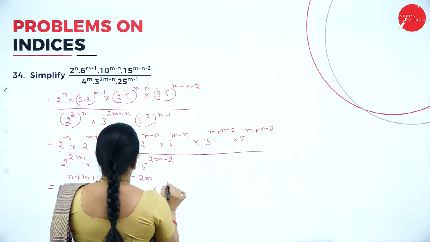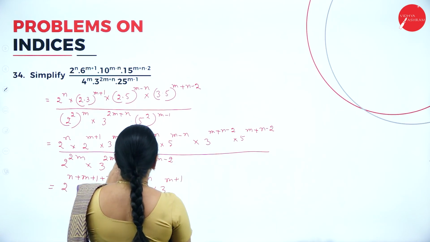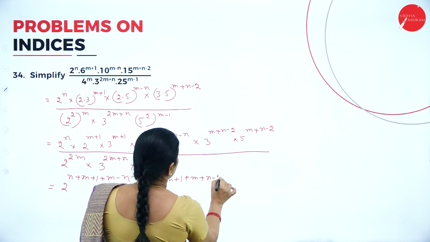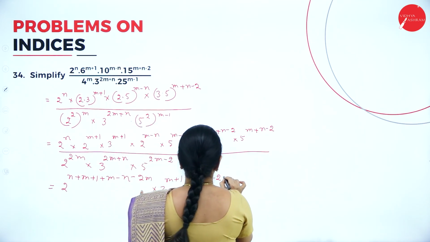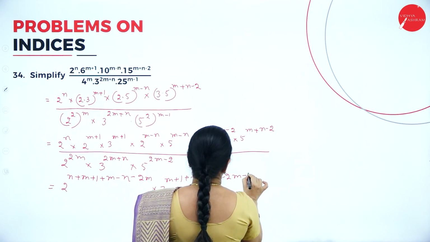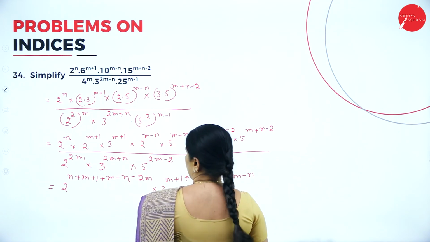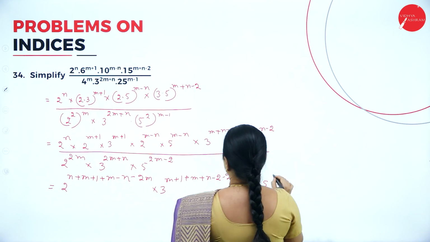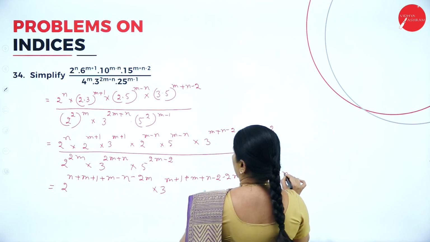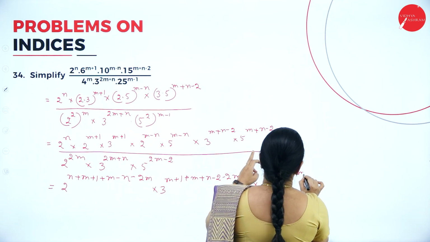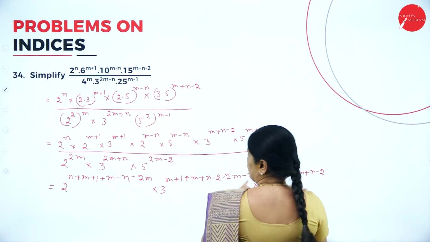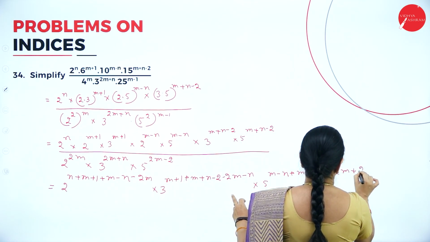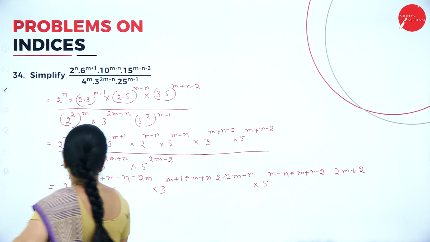So 3 to the power of m plus 1 plus m plus n minus 2 minus 2m minus n. Then next into base 5, I will get m minus n plus m plus n minus 2 minus 2m plus 2. So, I will simplify this.